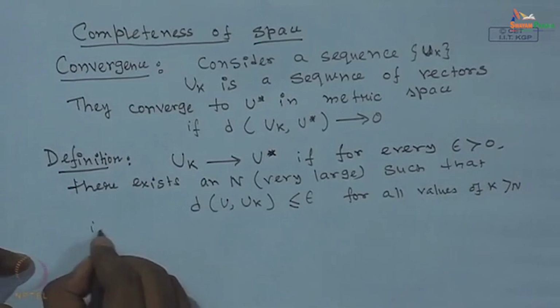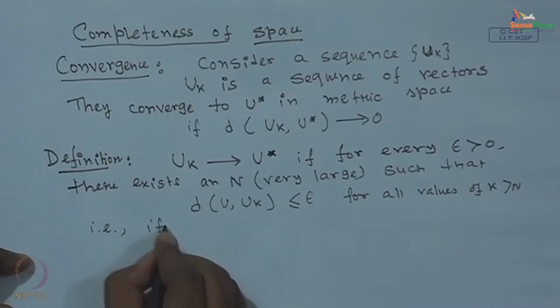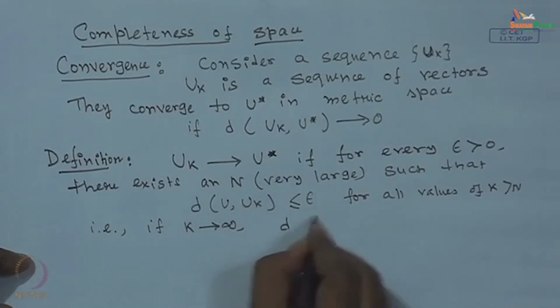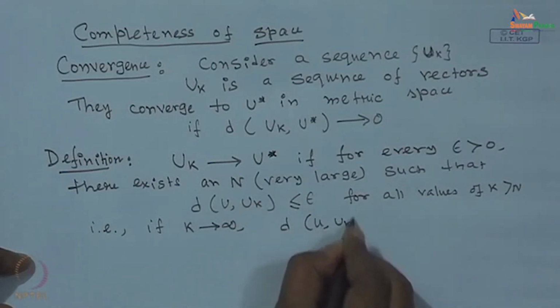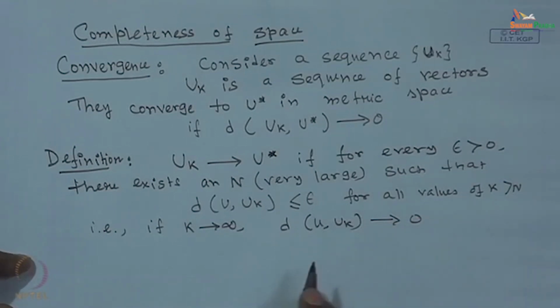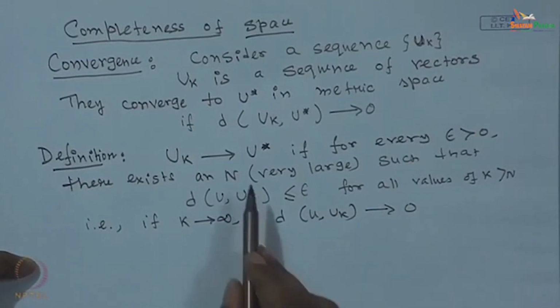That is, as k tends to infinity, the metric tends to 0. So, that is the definition of convergence of a sequence u_k.